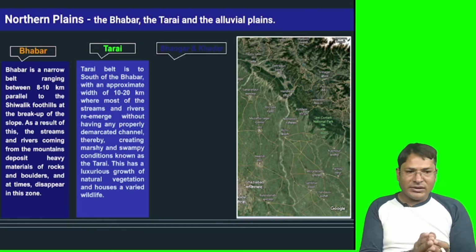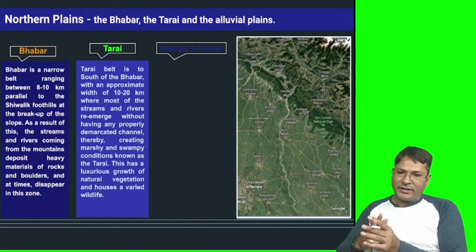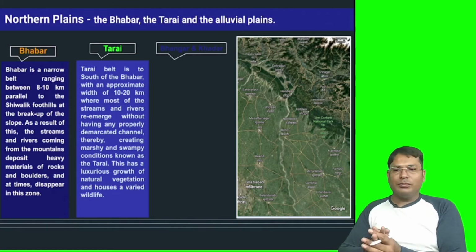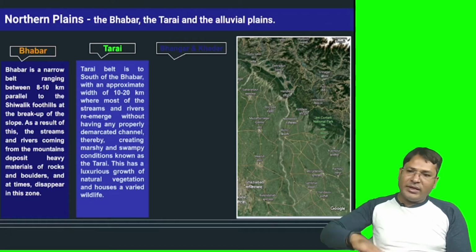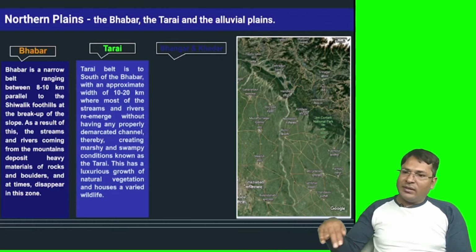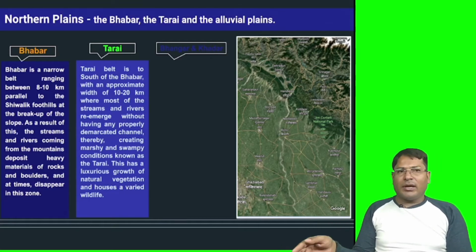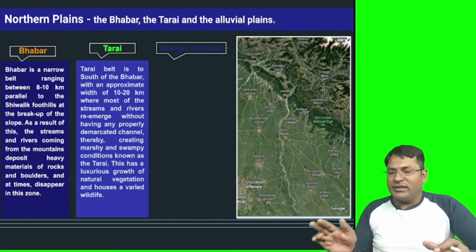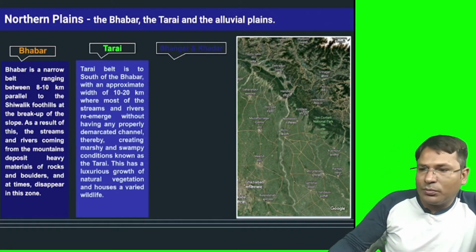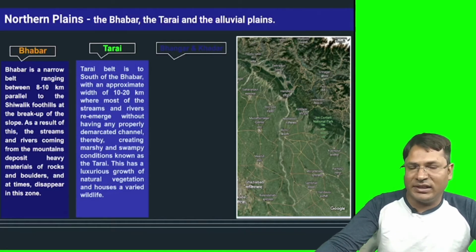See, this is the area where the Bhabar area ends, and in the Bhabar area most of the river disappears into the boulders. So when the river re-emerges, in that area there are no particular channels of the rivers, and it is quite like marshy land.